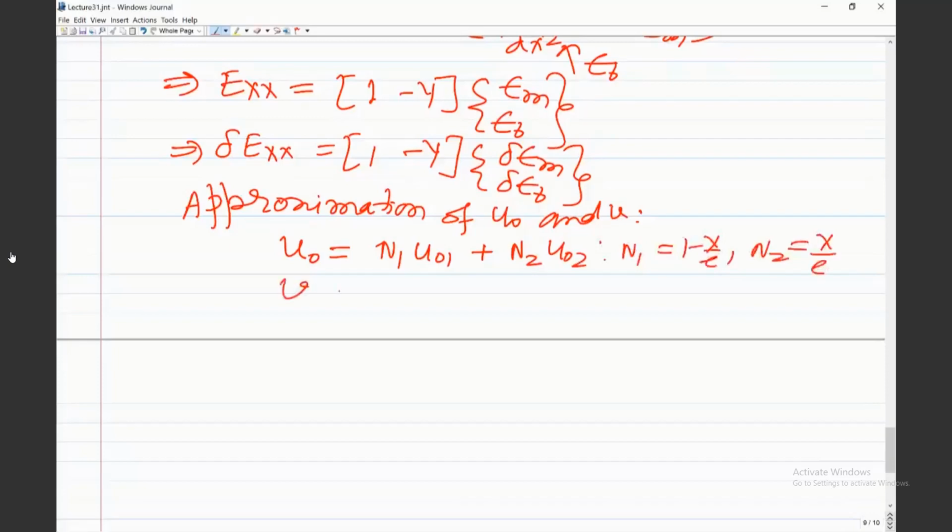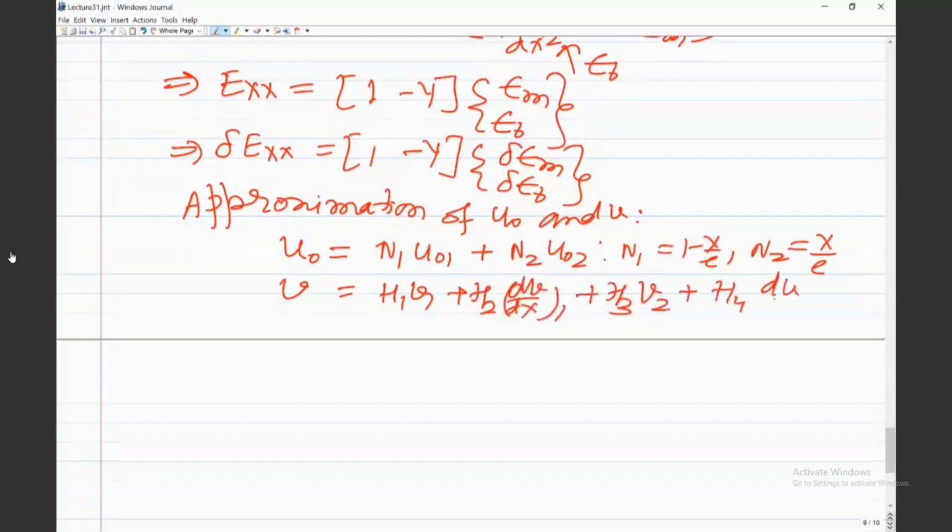But for v, the equation involves v and dv by dx, so we want to have both v and dv by dx as degrees of freedom at the nodes. So there are a total of 4 degrees of freedom corresponding to v. So we will use Hermite interpolation functions. So v will be equal to h1 v1 plus h2 into dv by dx at node 1 plus h3 v2 plus h4 into dv by dx at node 2. Here the hi's are Hermite interpolation functions, which I think you would know.